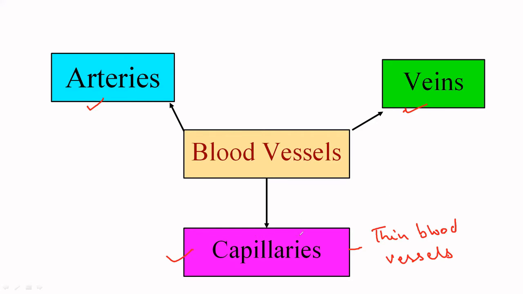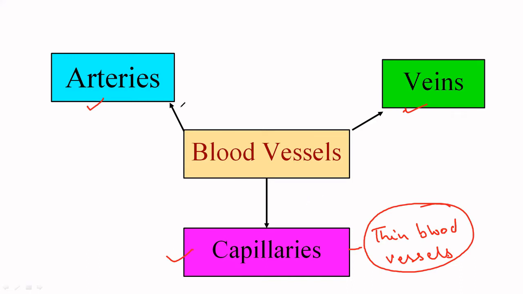And they also help in the exchange of different substances, like nutrients, oxygen and carbon dioxide. So capillaries are thin blood vessels which help in the exchange of different substances and they help in joining arteries and veins at some places.